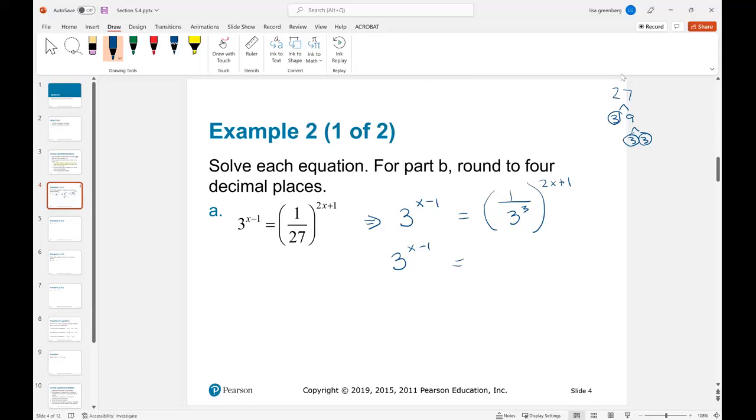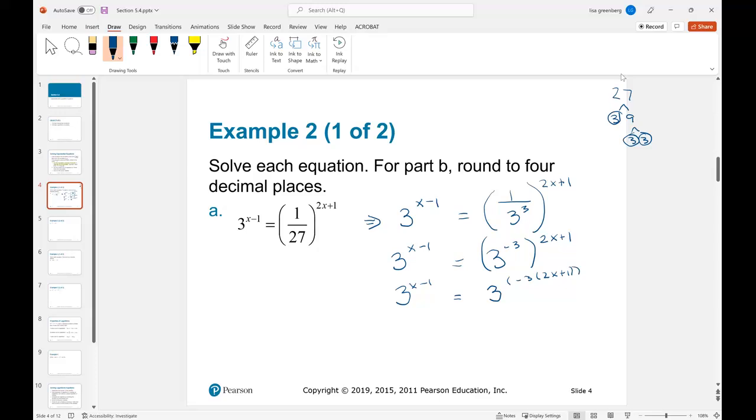If you remember how to do that, that's the same as 3 to the minus 3 power, times 2x plus 1. Now we use our multiplication because we have a base to a power to a power. So this is 3 to the power of negative 3 times 2x plus 1.